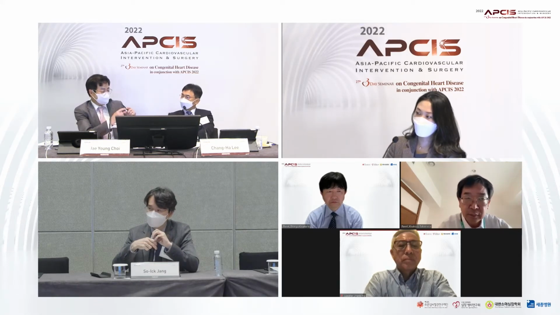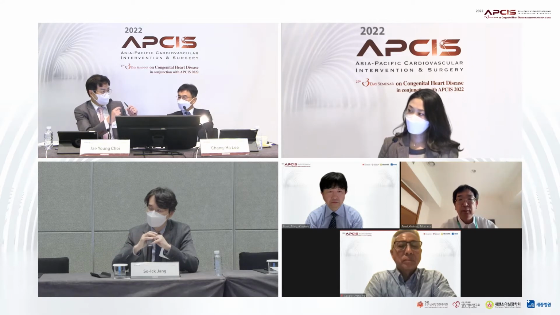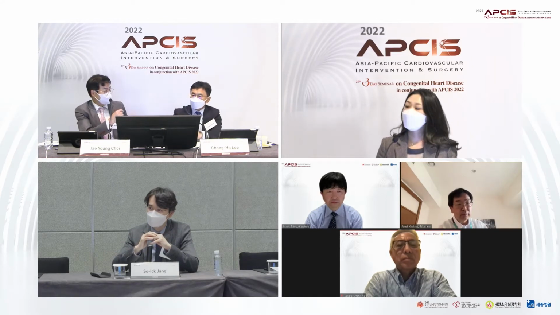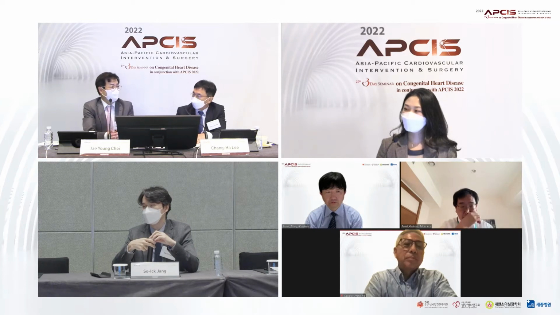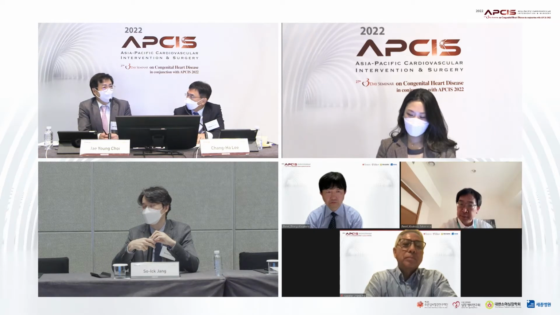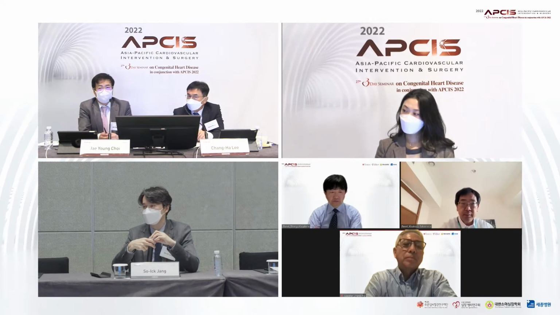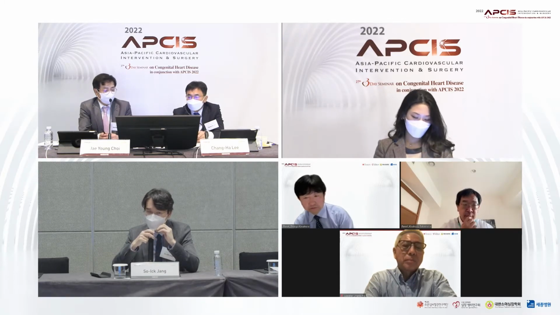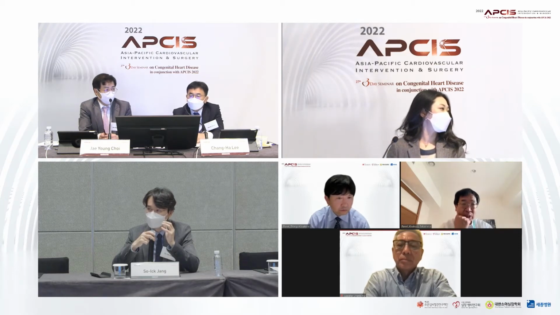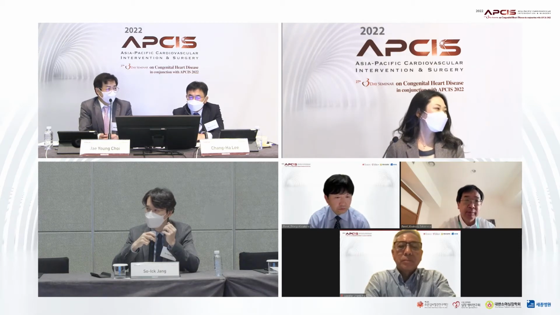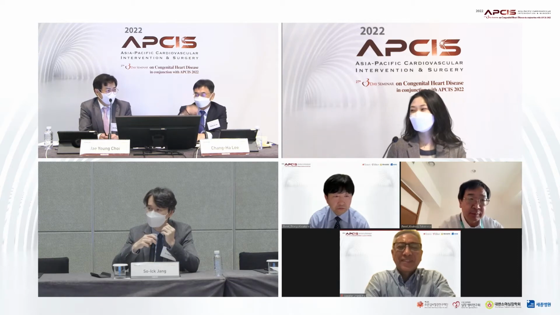So similar to the length of the balloon, use an ultra high pressure balloon, not oversized, and increase slowly. And for unzipping, there is also some bench testing. Actually, at the time in Korea we had no ultra high pressure balloon, like the Atlas balloon. We didn't have that option at the time.